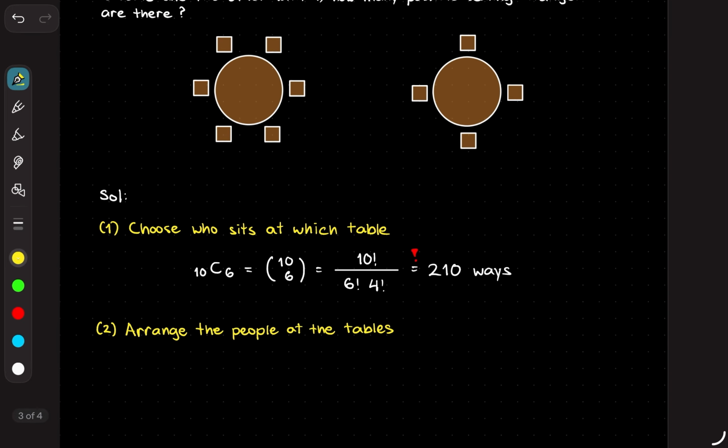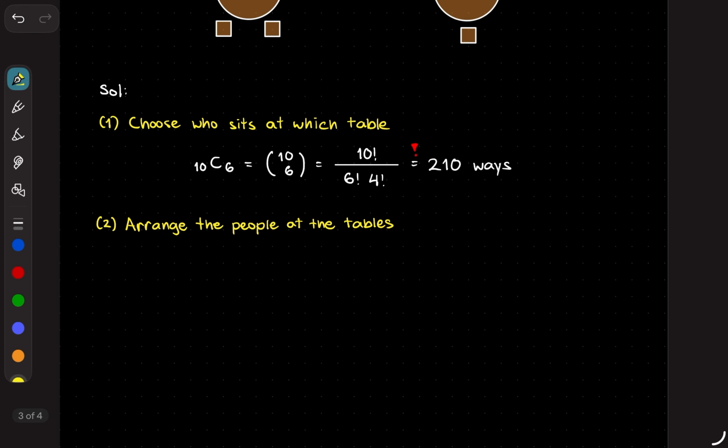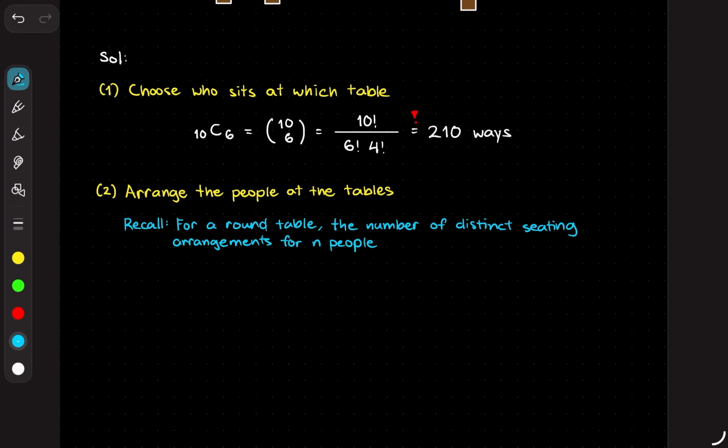So what that means is that now that we have 6 persons here and 4 here, our goal is to decide how they would be arranged in each of these seats, and the same goes for here. So for a round table, the key is to recall the following. For a round table, the number of distinct seating arrangements for n people is given by n minus 1 factorial.